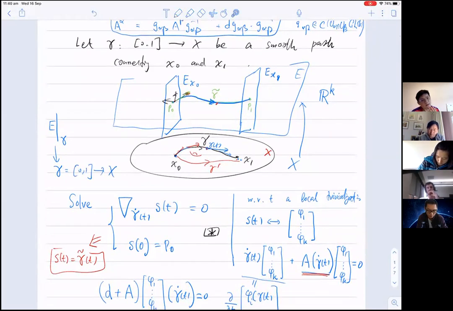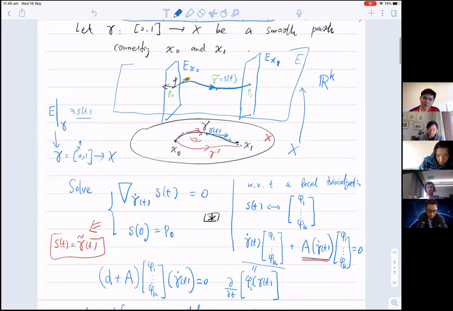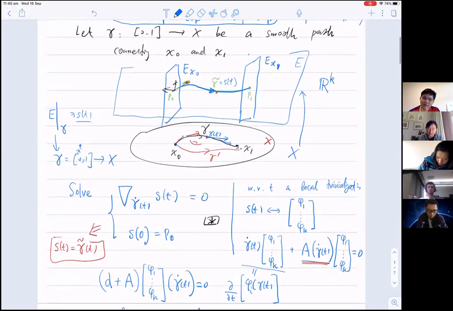Then you have a tangent vector on the base, and at each point t you will find s(t), so that s(t) will be horizontal. This is given by the fiber s(t). The gamma dot t is the tangent vector on the gamma curve, on the base, like a derivative in the t direction.